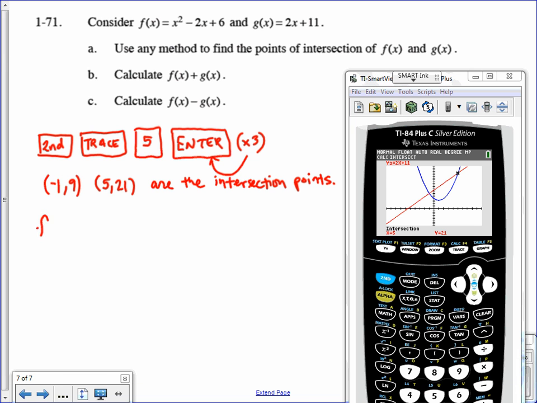This is part B. If I have f of x plus g of x, I'm going to substitute in the values that they equal. F of x is the same thing as x squared minus 2x plus 6, and we're going to add to it 2x plus 11.